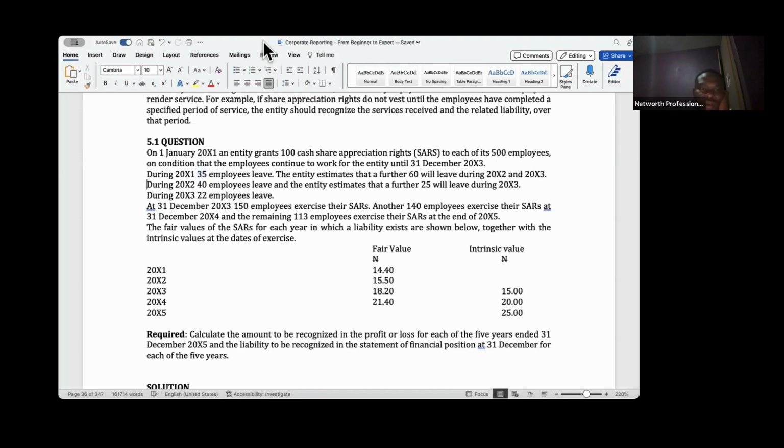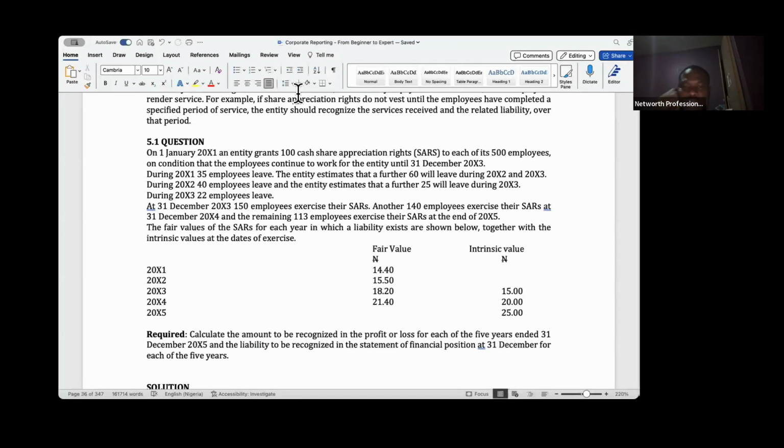So, Ayola, you said the explanation was clear to you, so let's see if you get this one right. They said 40 employees leave, and the entity estimates that a further 25 will leave during 2003. So what's the estimate of the employees that will vest? You're actually correct, Ayola.